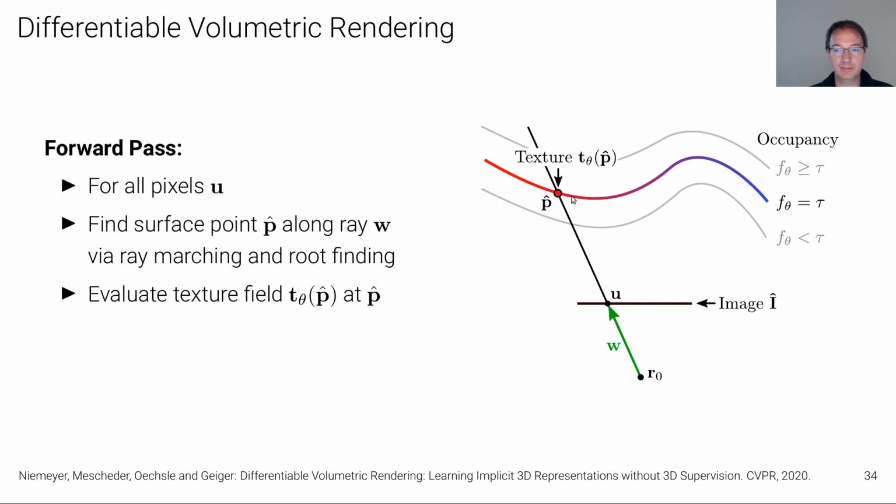We then evaluate the texture field T theta at this predicted surface point p hat and insert that color value at that corresponding pixel location. Doing this for all the pixels, we get the entire image.